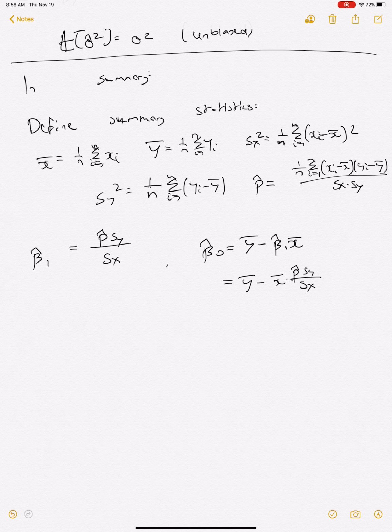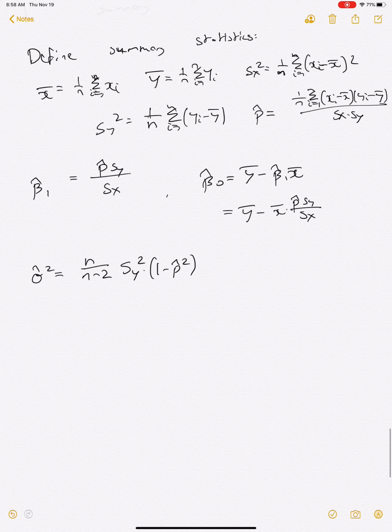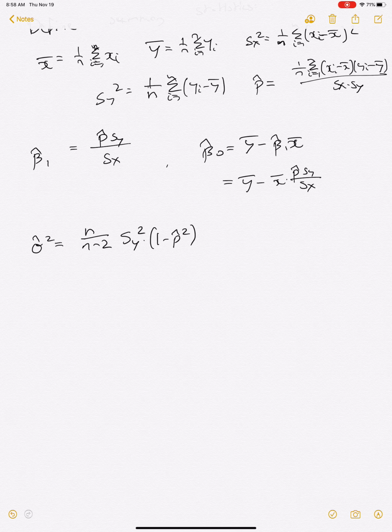This is what our beta hat 0 is, and then we also have that sigma hat squared is equal to n over n minus 2 times sy squared, or the variance of y, times 1 minus rho hat squared.